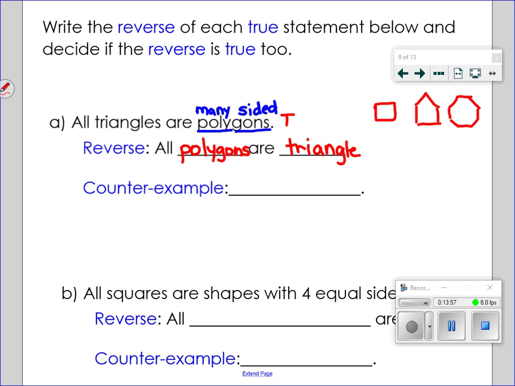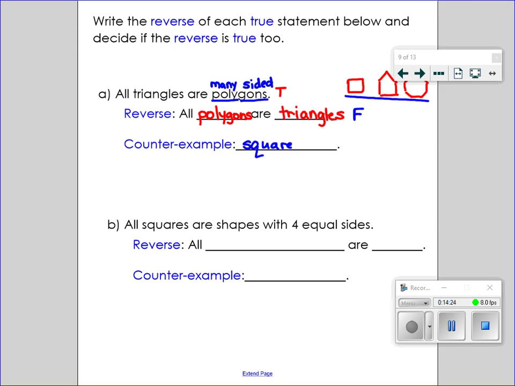Are all polygons triangles? No, that's false. So we came up with 3 counterexamples. A counterexample would be a square, or a pentagon, or an octagon, or any other closed, many-sided shape.